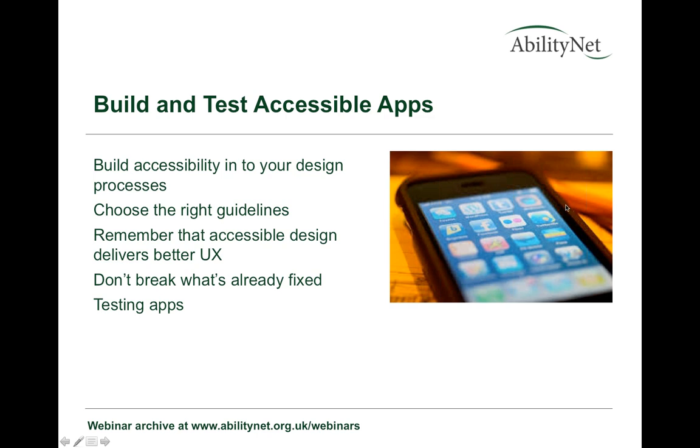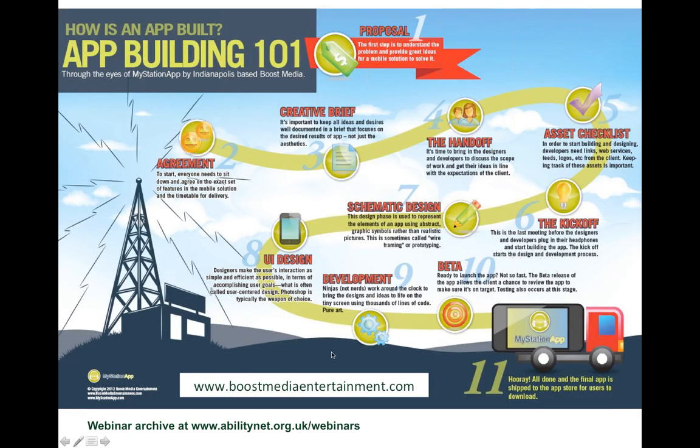Okay, great. So what we're going to talk about today, there are 5 things we're going to run through about apps and making them accessible. The first one is about how to build it into your design process. Secondly, looking at making sure you're using the right guidelines. Thirdly, just a point about how accessible design delivers better UX, and I guess that's a reason why accessibility, which we're always making the case for, needs to be considered in any design process.